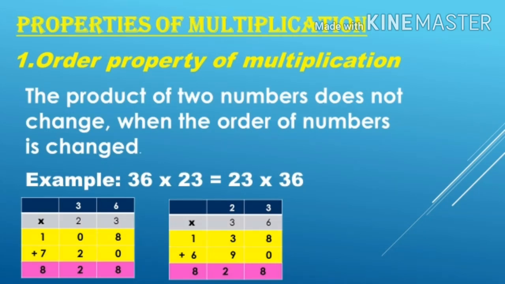The product after multiplication I have got is 828. Now I have changed the order of the multiplicand and multiplier. Now 23 is the multiplicand and 36 is the multiplier. But you can see here the product has not changed. The product is the same, that is 828. So this property is called the order property.